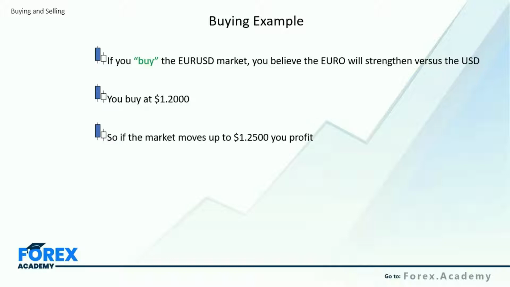However, we're looking to buy this particular market, and we expect prices to move to the upside. So if the market now moves to the upside and you start seeing a price of 1.2500, then of course you are in a position of profit, because you've purchased the euro dollar at 120, the price increases to 125, and you will therefore benefit accordingly.